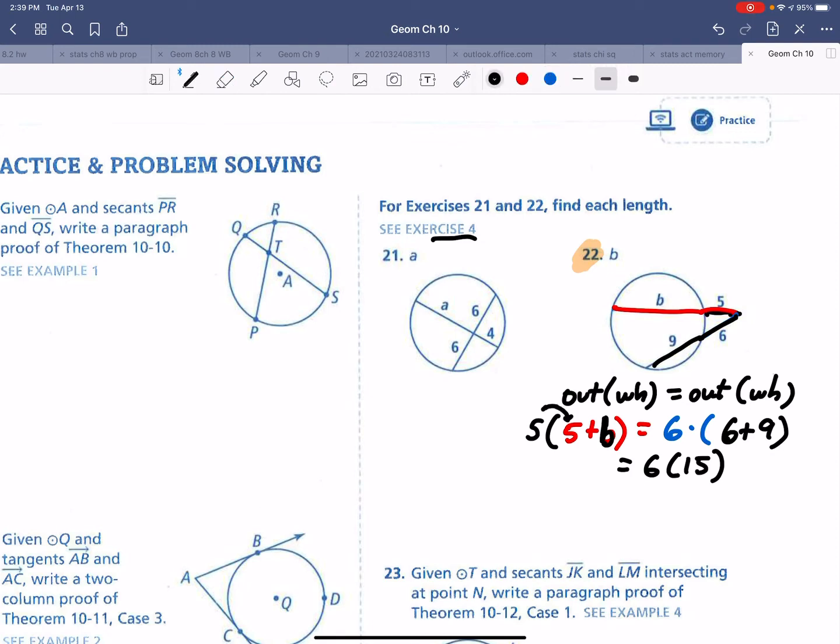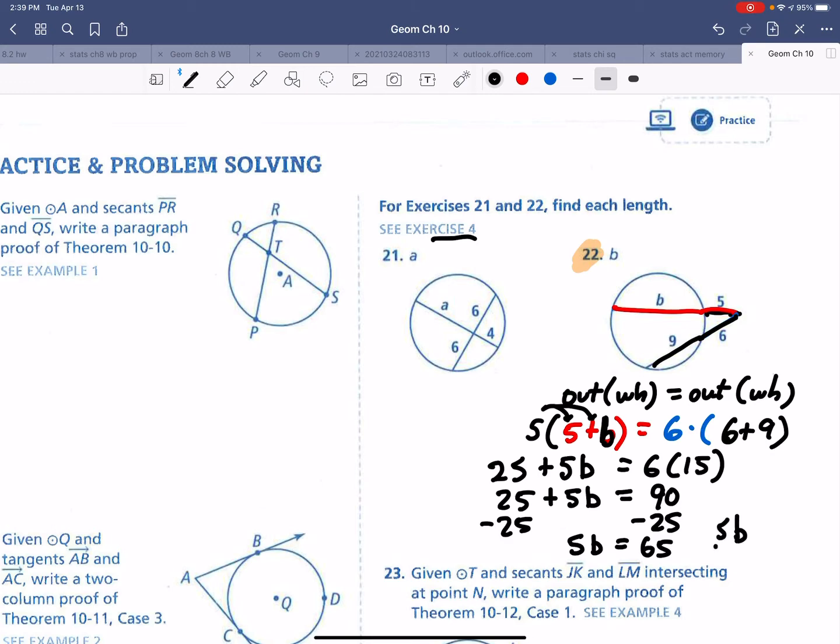But let's distribute. So 5 times 5 is 25, and 5 times b is 5b. It's 90. 65.